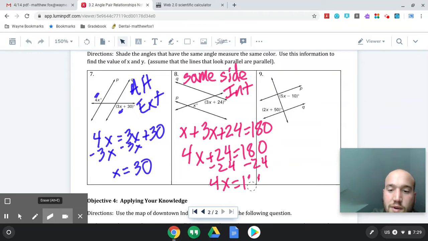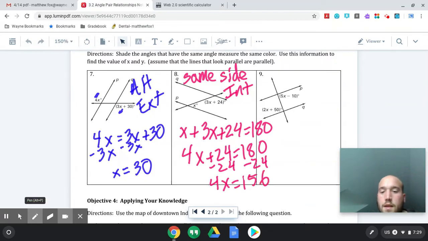It's going to equal 156. All right, and at this point, we can simply divide by 4. So we divide this by 4, and we get x to equal 39. Okay, we're just about done.